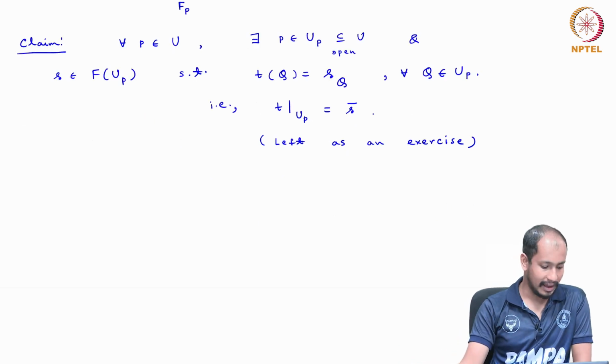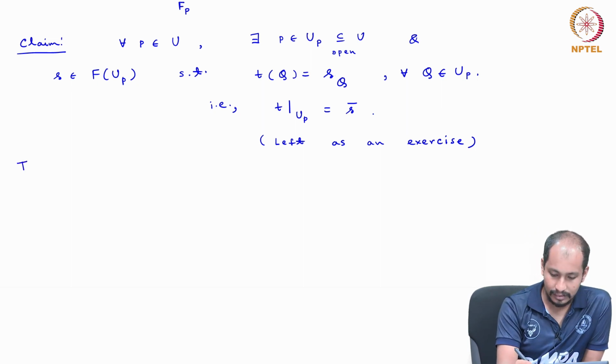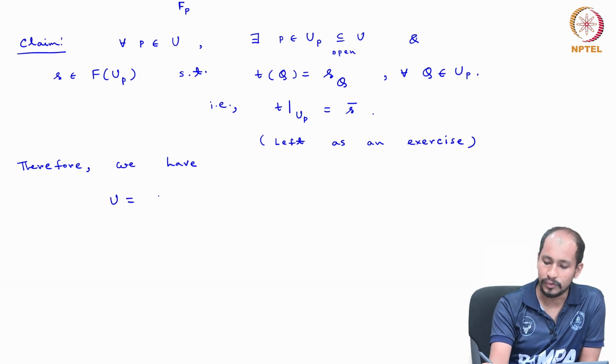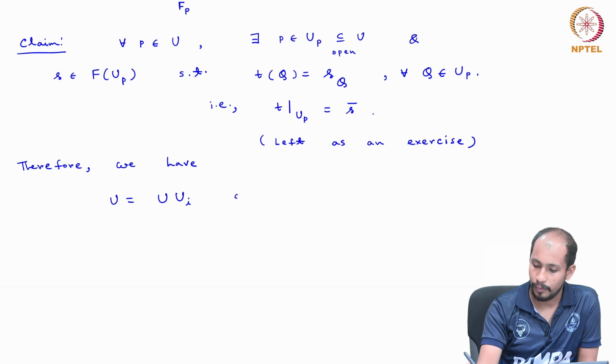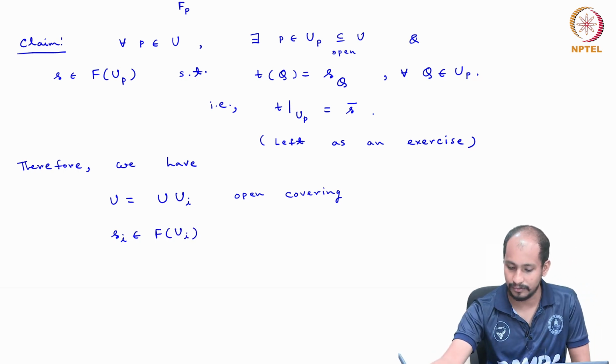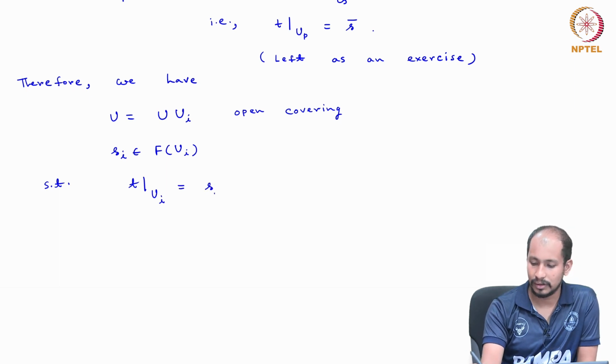So, therefore, using this claim, we have an open covering of U, and we have some sections Si inside F of ui, such that T restricted to ui is nothing but equal to Si bar.